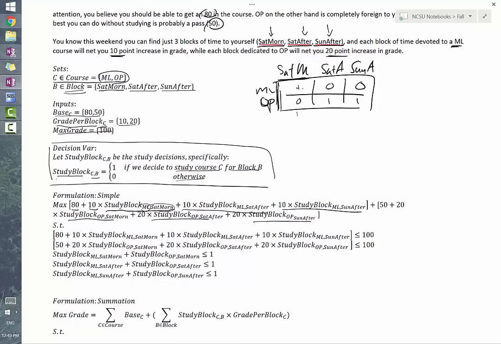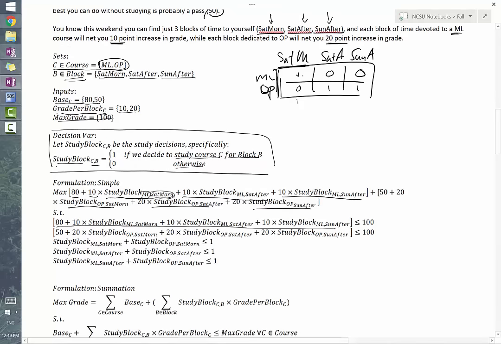Our constraint again is the total grades have to be less or equal to 100, and that the amount of courses you study on the same day have to be less or equal to 1. This is really the essence of binary programming.